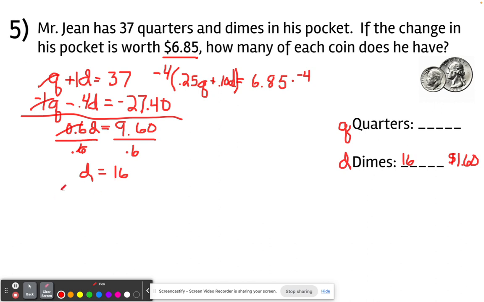So how many quarters do I have? Well, I know my quarters plus my number of dimes, and my number of dimes is 16, equals 37. Let's subtract 16 from both sides.